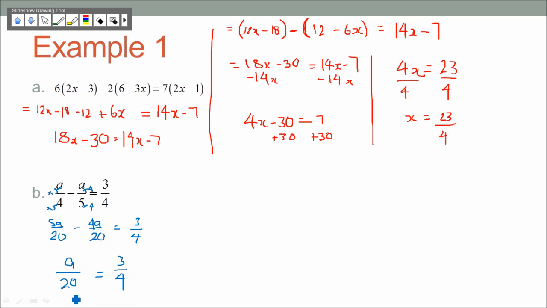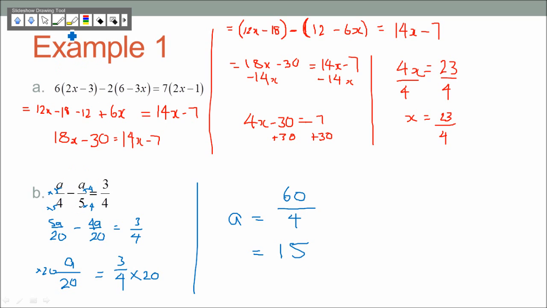Now this is just a one-step equation, and to get rid of the 20 we're just going to multiply both sides of our equation by 20, so that a equals 60 over 4, which equals what? 15. Good job.